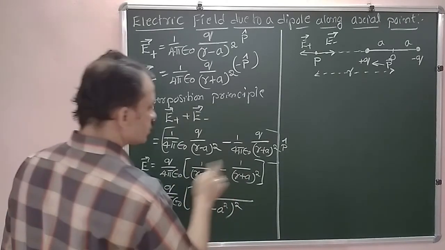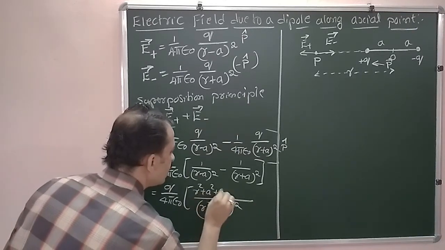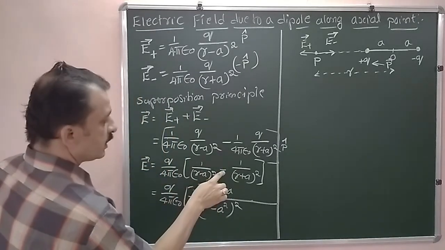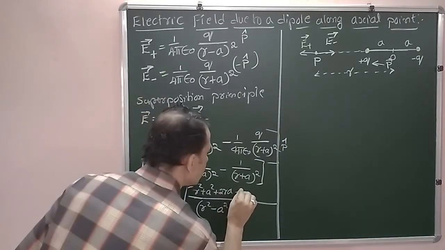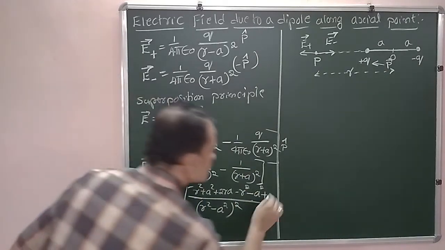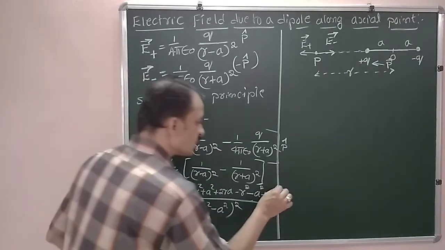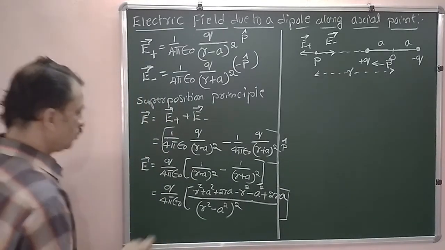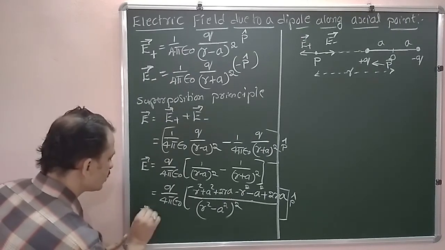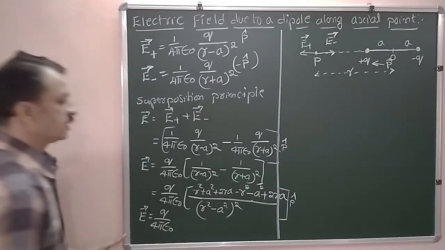Now cross multiply these two and expand: r square plus a square plus 2ra. Now this one, cross multiply, we are having a negative sign also, therefore it is minus r square minus a square minus of minus plus 2 r into a. Now further with p cap unit vector, we are having a p cap. Further simplification leads to q divided by 4 pi epsilon naught.